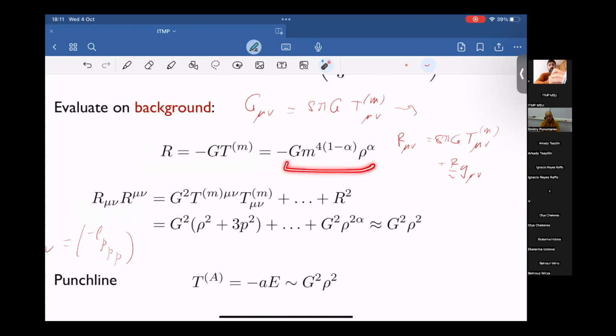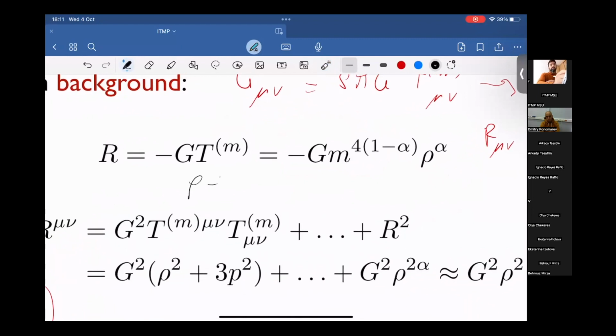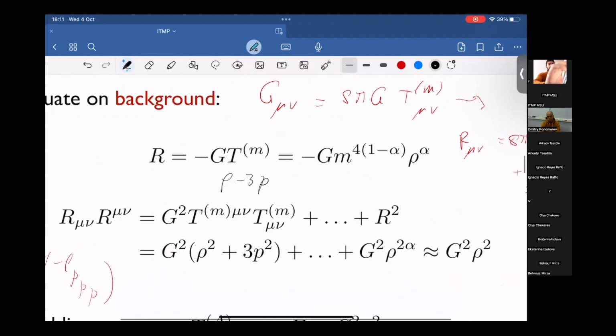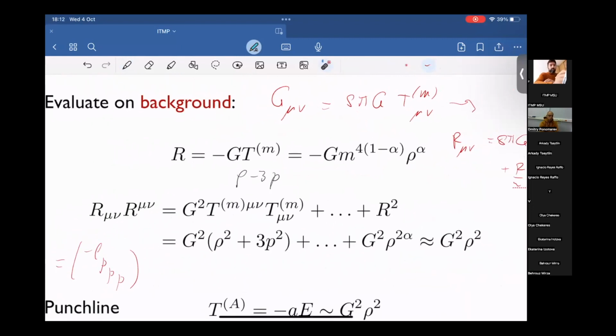There are subleading terms, but those are suppressed because the highest power that appears here is rho to the alpha. The Ricci scalar is determined precisely by this combination, rho minus 3p. But this combination is suppressed because at very high energies, this thing essentially behaves like radiation. So rho is equal to 3p, like a conformal field theory, right?